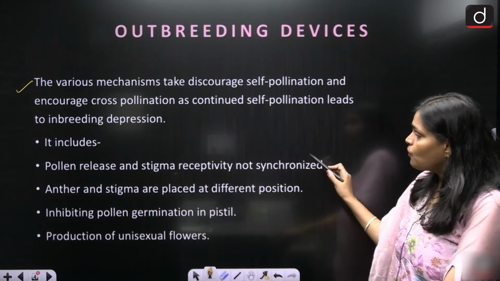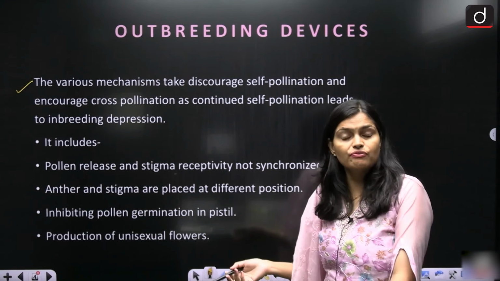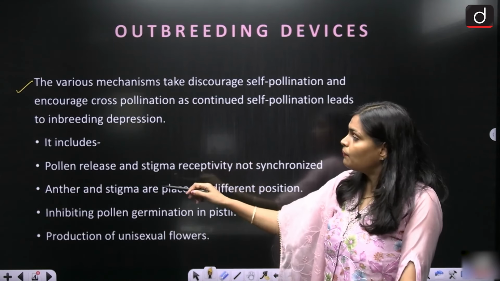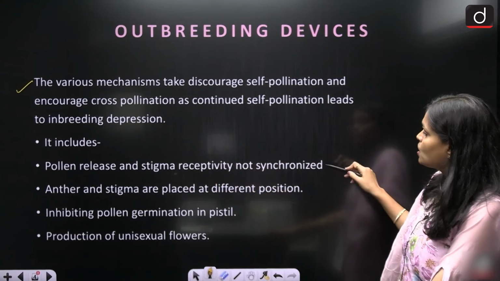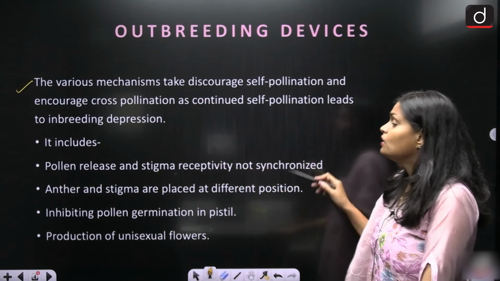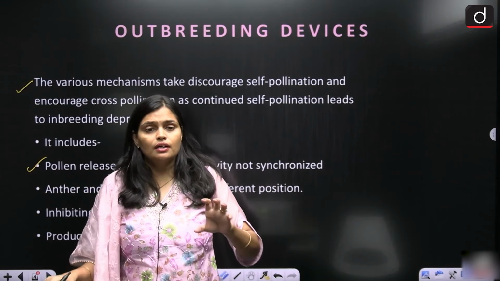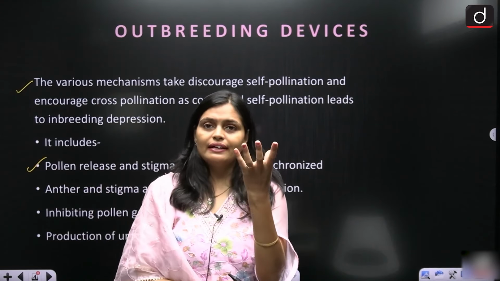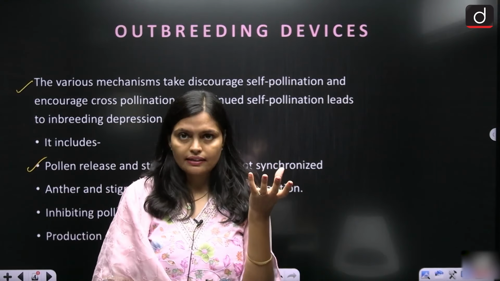Now, what are the outbreeding devices? What are the methods to prevent self-fertilization? Pollen release and stigma receptivity are not synchronized. So what does it mean? Suppose pollen releases, but the stigma is not mature till then, right?